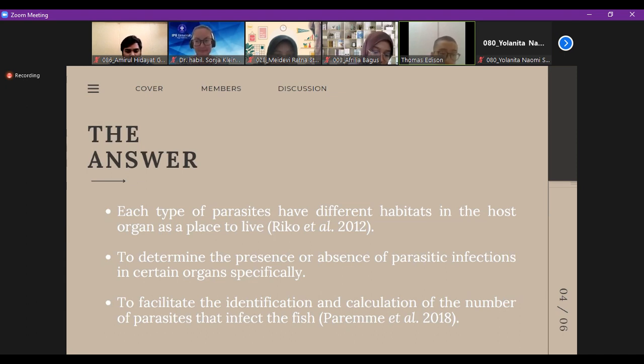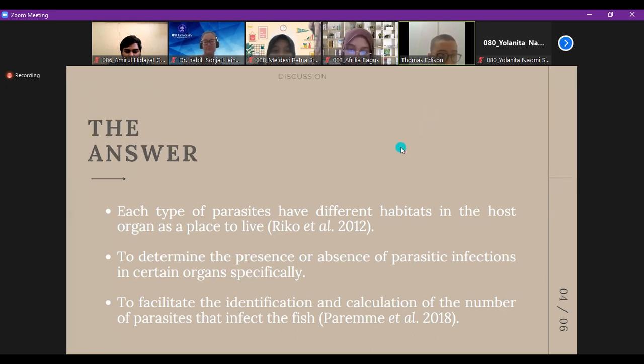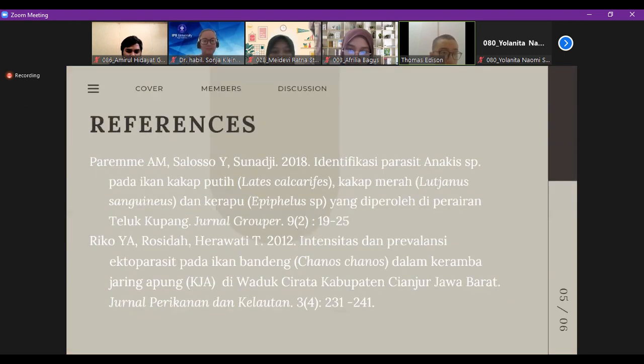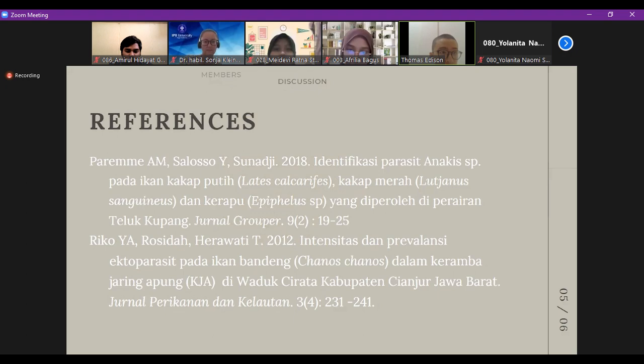After we know that, now it's easier to determine the presence or absence of parasitic infections in certain organs specifically. And lastly, it's easier for us to facilitate the identification and calculation of the number of parasites that infect the fish. It's from Herman et al. 2018. Here are the references that we took. It's all from our discussion.